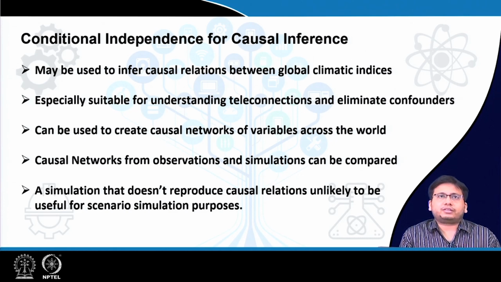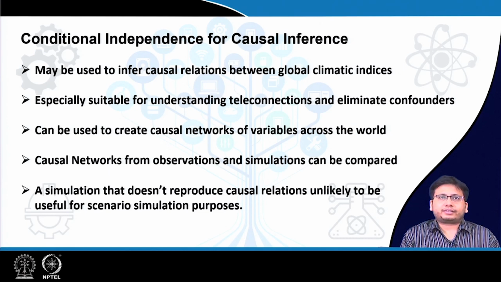So here this kind of conditional independence based causal inference can be used to infer causal relations between global climate indices in different parts of the world, say for example, the ENSO index, which is related to the Pacific Ocean's temperature, or the ISMR, the Indian monsoon, that's another index, and there are various other indices related to various climatic variables in different parts of the world. Especially this is suitable for understanding the teleconnections and to eliminate the confounders.